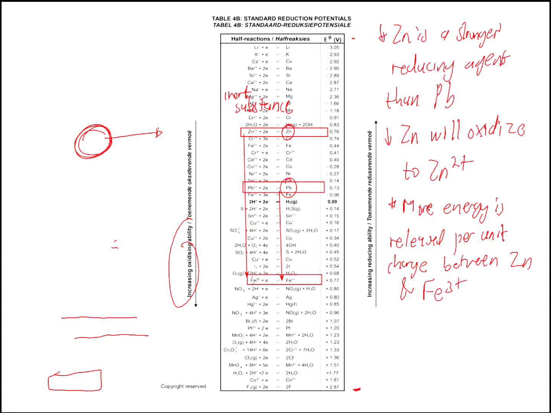So as we can see here, the distance. That means there would be much more energy released compared to when it's Pb and Fe3 plus. So when it's zinc and Fe3 plus, more energy is released per unit charge. So that's how you actually put it there. So nice one.